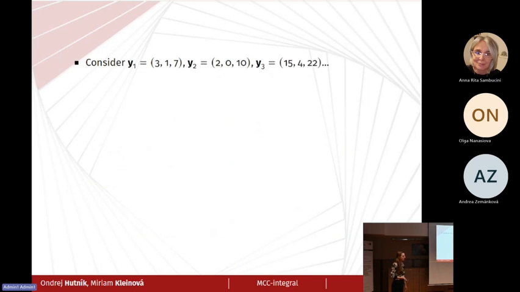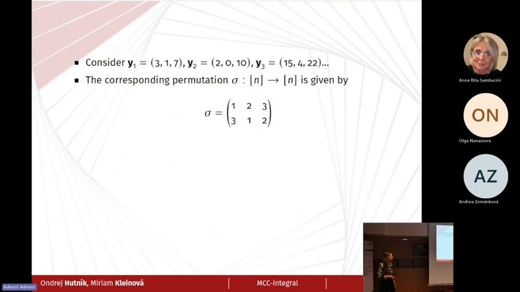We also observed that the value of the Honda functional doesn't depend on induced vectors. That means that, for example, for three induced vectors, y1 with elements 3, 1, 7, y2 with elements 2, 0, and 10, and y3 with elements 15, 4, and 22, we have only one permutation which rearranges all three induced vectors in a non-increasing way.